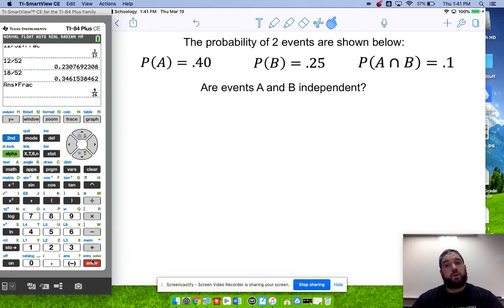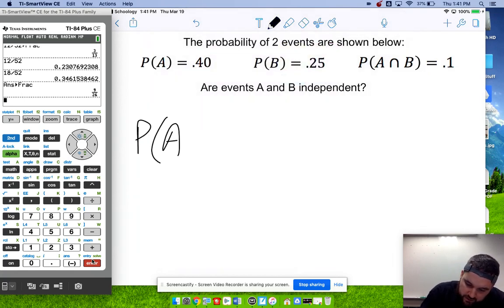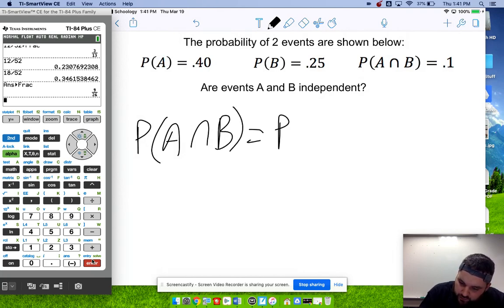Another way we can use that formula is to test for independence. So I have the probability of two events shown. The probability of event A is 0.40. Event B has a probability of 0.25, and the probability of both happening is 0.1. Are they independent? Well, what we saw is that if they're going to be independent, that means that their shared probability has to be equal to their individual probabilities multiplied together.